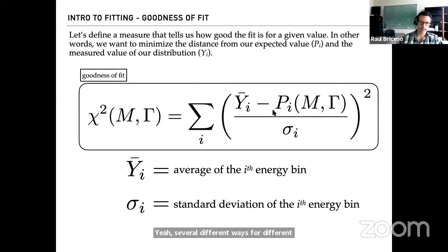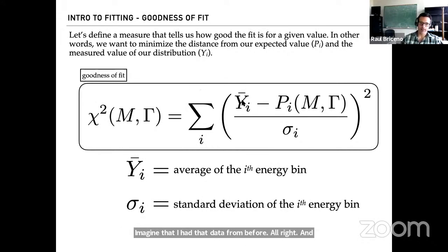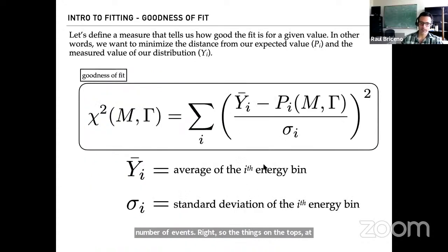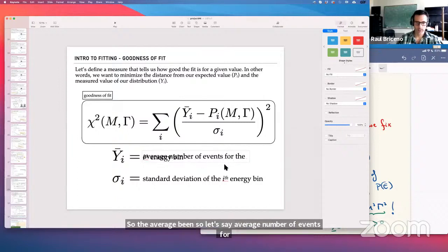Here's the simplest one. Imagine that I had that data from before, and what I have now is that the y's are the average number of events for the ith energy.